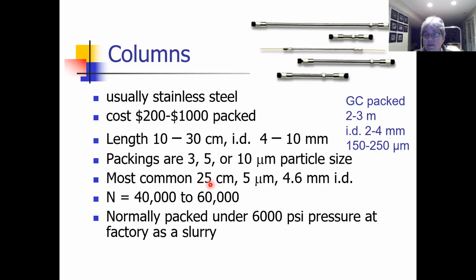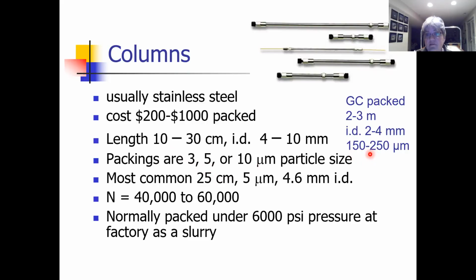Now compare that to the GC. Remember, the GC packed columns are 2 to 3 meters. So LC columns are much, much shorter. Inner diameters are a little bit bigger. And then, of course, the packing sizes, as I already mentioned, the particles are much, much smaller than GC.